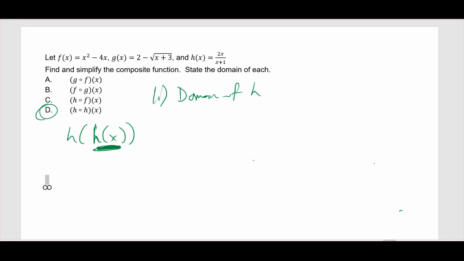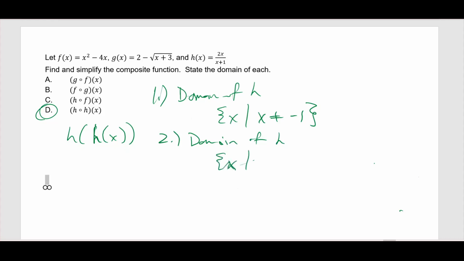Okay, well, we know what the domain of h is. This is everything except for -1. Great. Second, we're going to find the domain of h. And this is the outside function, right? This function h. So the domain of h, again, everything except for -1.